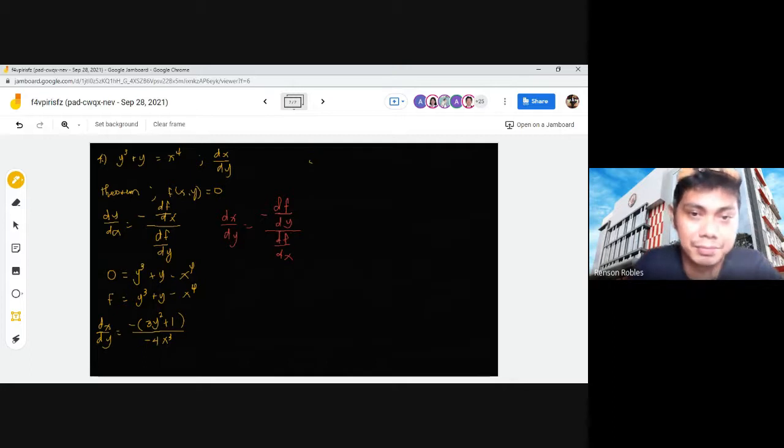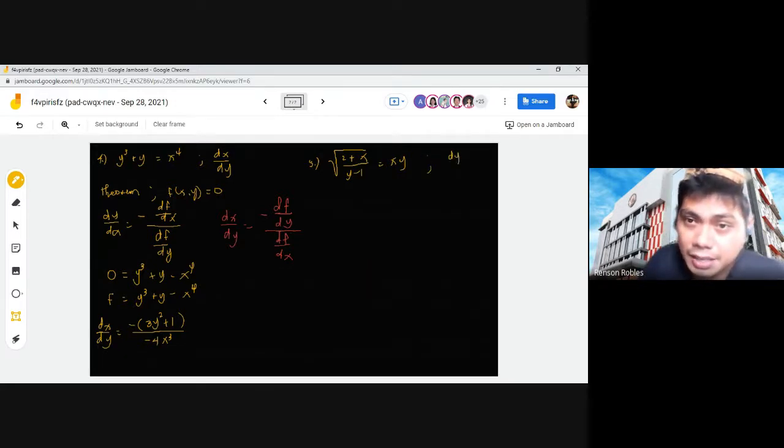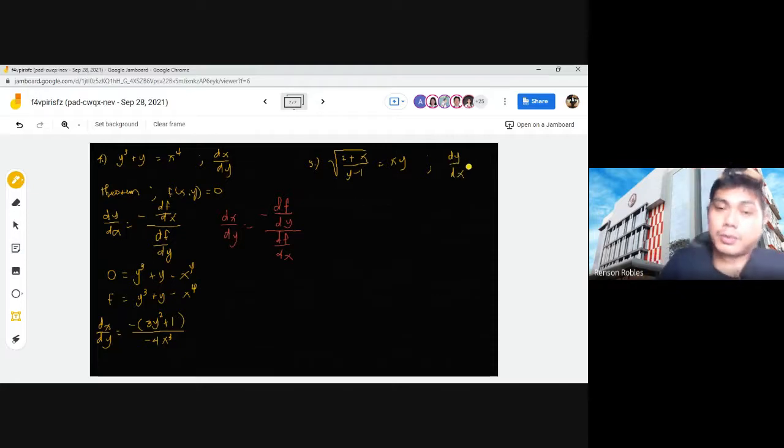Number 5. The square root of 2 plus x all over y minus 1 equals xy. Okay. Find dy dx. So we simplify first the given by squaring both sides.